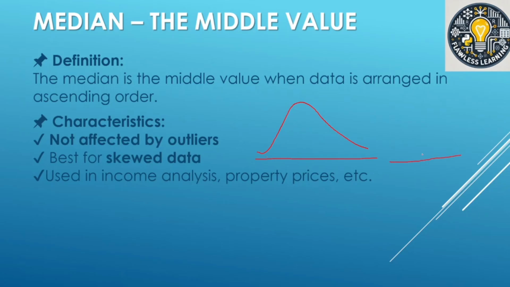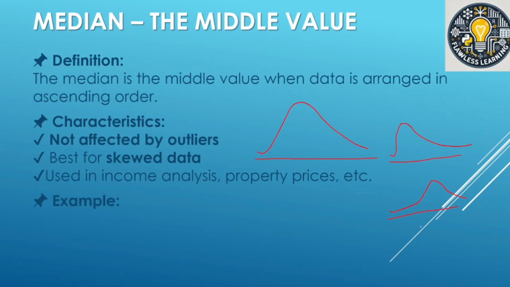And if the data is asymmetric like this, this is skewed data. It can also look like this. So this is skewed data, basically right tilt and left tilt. It is used in income analysis, property prices, etc.